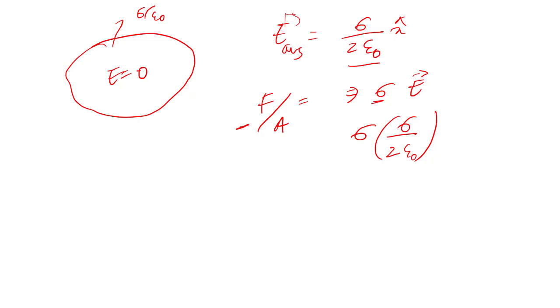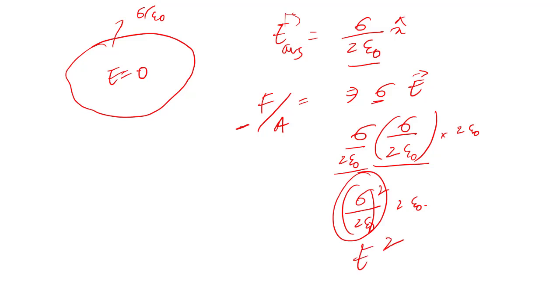I can multiply and divide by another 2 epsilon naught, then write this as sigma squared by 2 epsilon naught whole squared times 2 epsilon naught. This is nothing but essentially E squared.